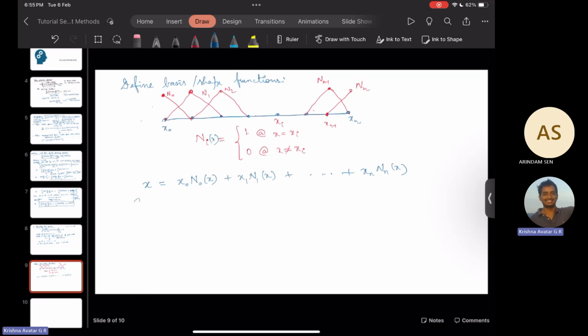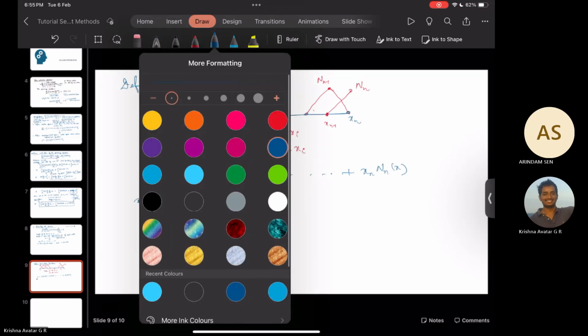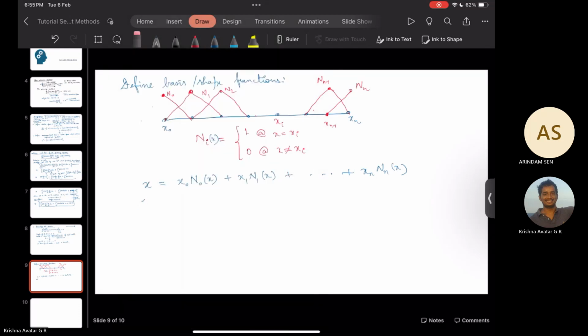You see, say if x is equal to x naught, this implies that what happens on the right hand side, the left hand side is just x naught, and on the right hand side we have x naught N naught of x naught plus x1 N1 of x naught plus xn Nn of x naught, right?